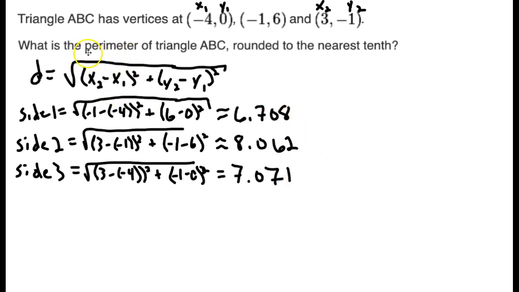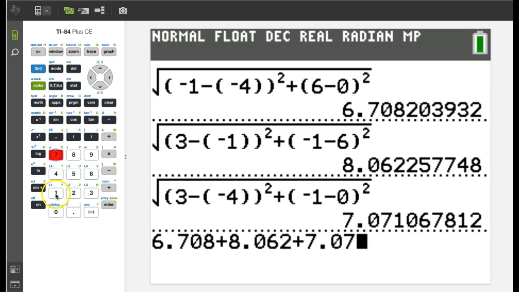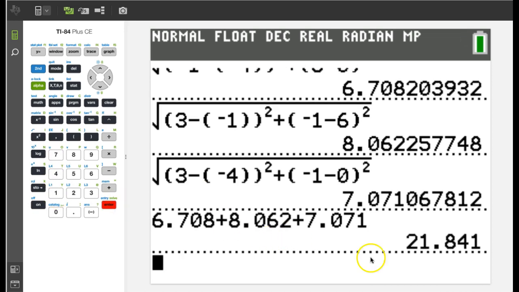Now, if I want the perimeter, I just add all three of these together. So let's add them up. 6.708 plus 8.062 plus 7.071. We get 21.841.